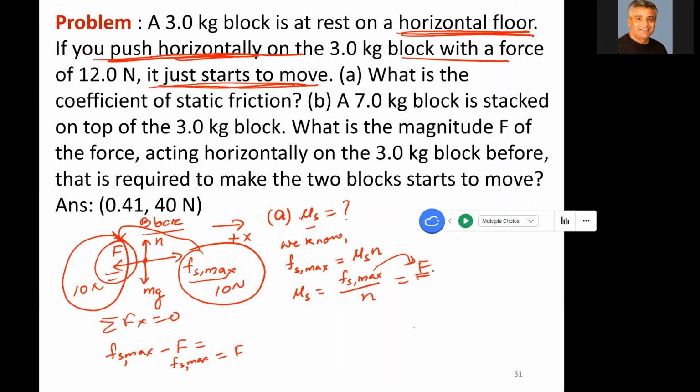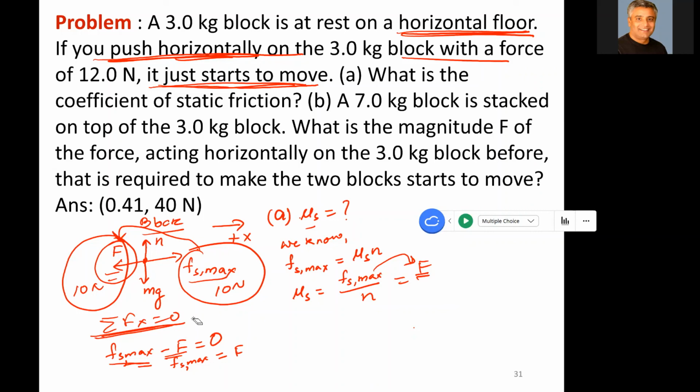So that 10 Newton I'm writing here by writing just F, okay? And when we write the equation properly, net force is equal to 0. I'm writing one as a positive, another one as a negative. And eventually when I solve this equation, I get Fs max is equal to F. I'm getting the value. The direction, I took care of by writing the negative sign here.